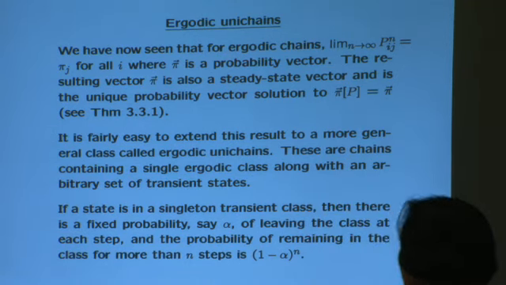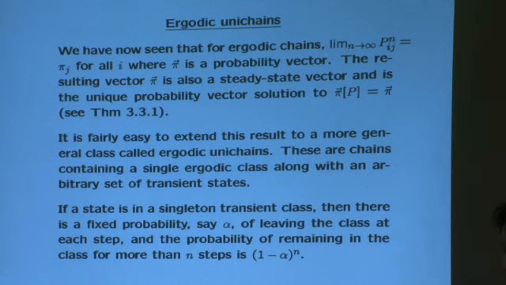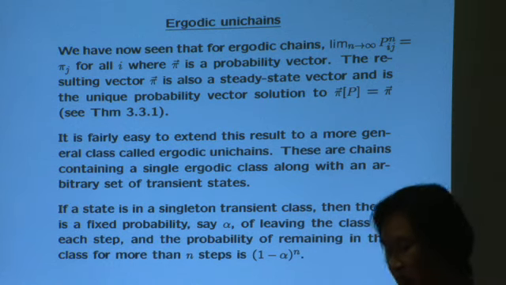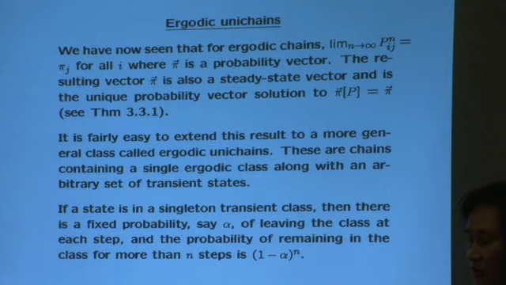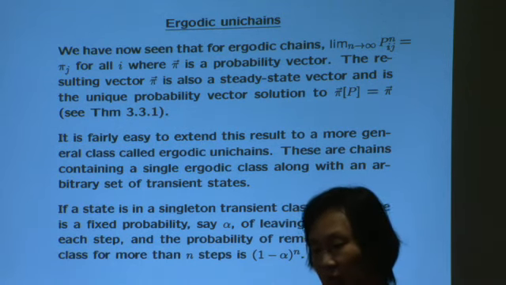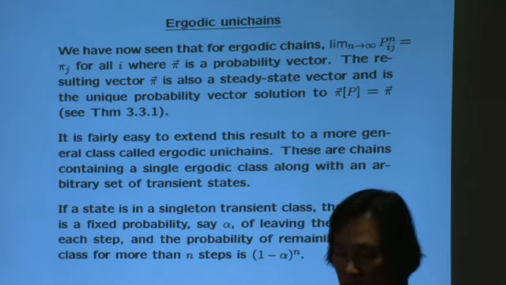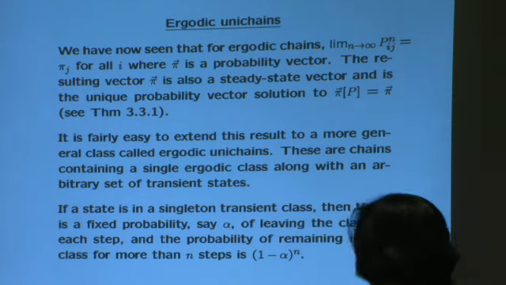So in this steady state vector, for those transient states, pi will be equal to 0. This distribution is only non-zero for recurrent states in this Markov chain, and the transient states will have probability equal to 0. In the notes, they just extend the argument, but you need a little bit more care to show this.